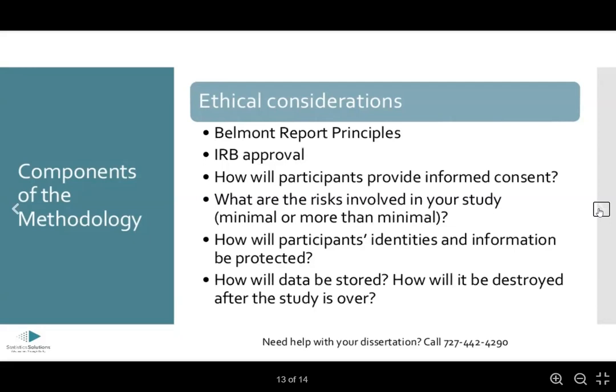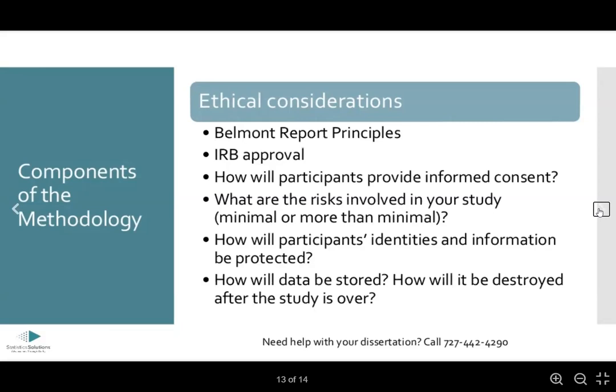Another thing you can do is provide resources to them. So for example, if you are working on a college campus, you can provide the number to the counseling center if you're surveying students. So just thinking about what things might come up for the different people that are going to participate in your study.